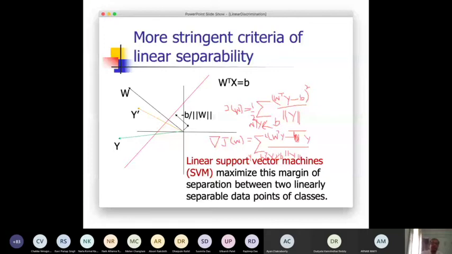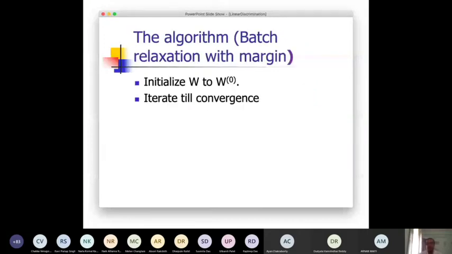So the batch relaxation algorithm that we discussed in the previous class, if I summarize it once again, goes like this. In the parameter space, you initialize with some weight value, which I am denoting here by W superscript 0.